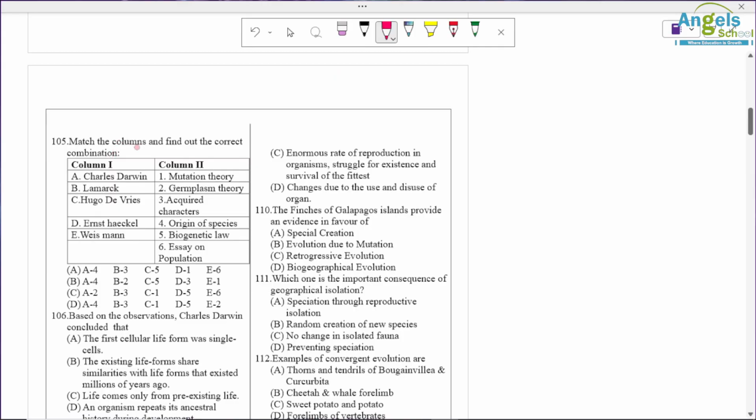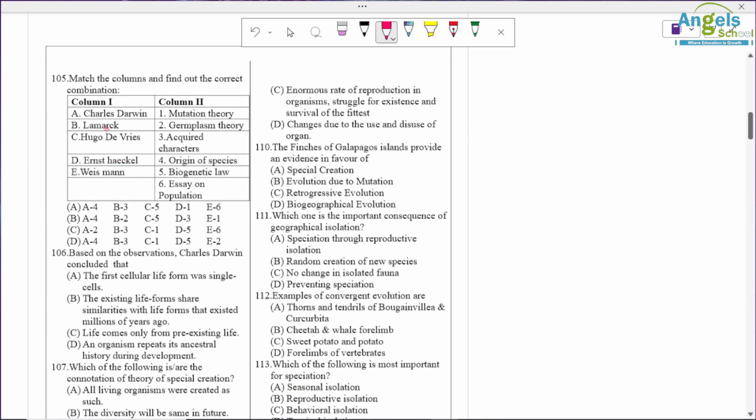Match the column, find out the correct combination. Charles Darwin, origin of species, so A4. Lamarck, acquired characters, so B3. Then Hugo de Vries gave the mutation theory, C1.